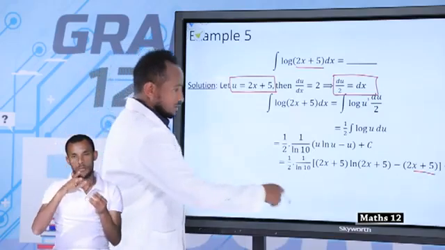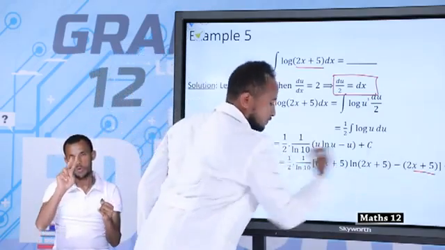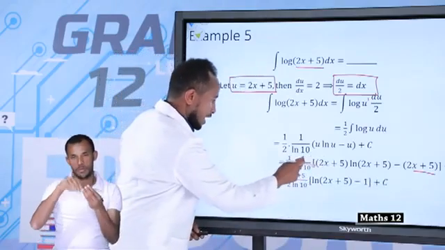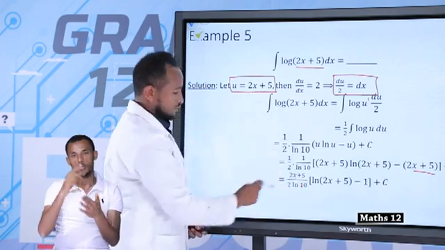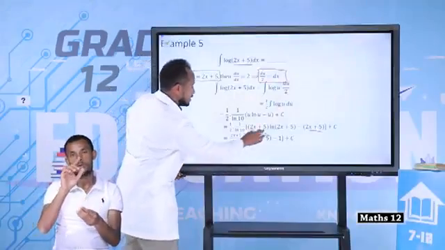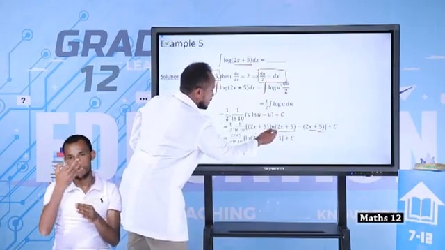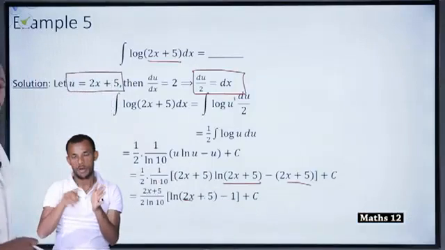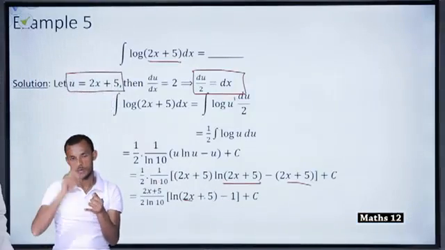So you can factor out 2x plus 5. Factoring out 2x plus 5 over 2 ln 10, the remaining is ln of 2x plus 5 minus 1. So this will be the final answer.